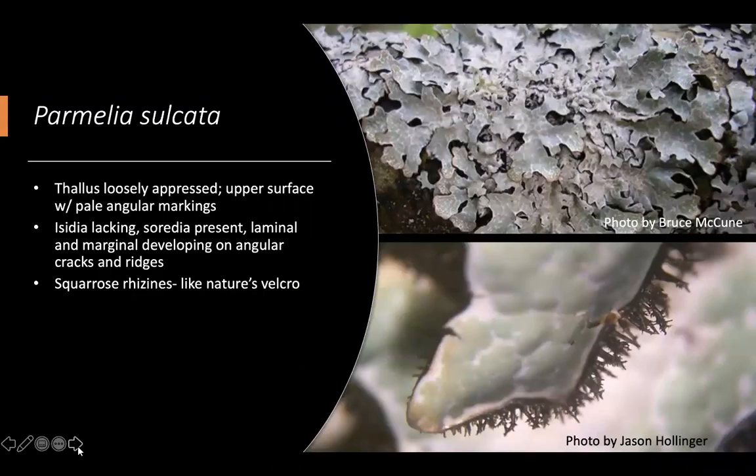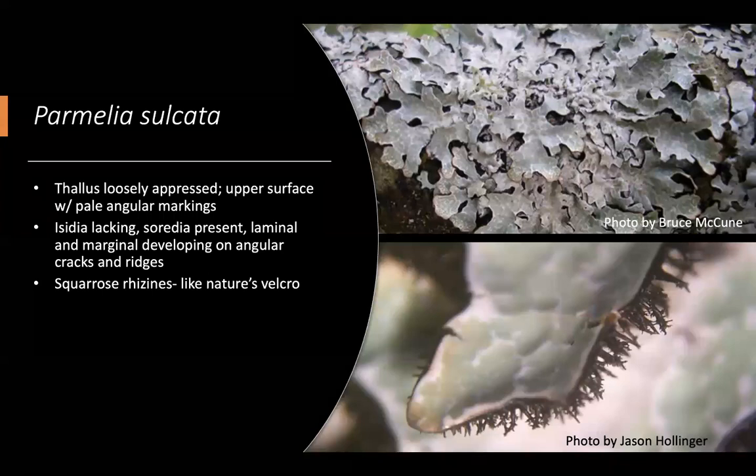Okay, next up we have Parmelia sulcata, and this is another one that's very common in our lowland coniferous forests. I often see it growing on hardwood trunks and branches. It has squarrose rhizines, so they act like nature's Velcro, and you can see these as part of bird nests because of that. You can see it has one main rhizine with these square branches coming out at a perpendicular angle to the main branch, squarrose rhizines.